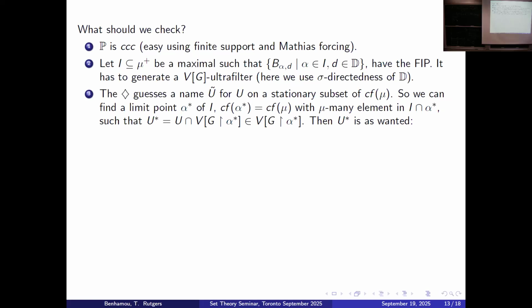That's not a problem, because you can just pick your element from the diamond sequence high enough. And so when you take the ultrafilter that is generated by these sets and you cut it down at stage alpha star, you get an ultrafilter which belongs to that model.